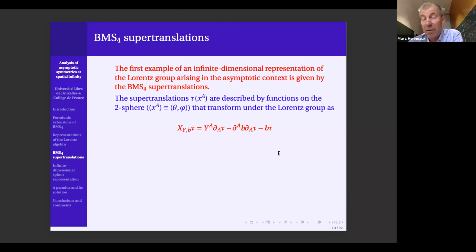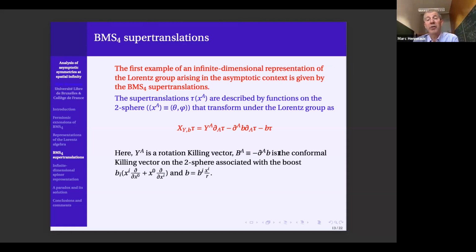Under boost, you have a conformal action, and that can be written explicitly in terms of the boost vector. Writing b_i x^i as b r, this function b on the two sphere defines the conformal Killing vectors and enters the transformation of the function tau under the Lorentz group.